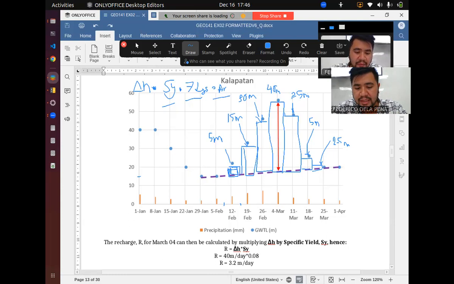You get 11.6 times your 7 days each times your 10 million square meter watershed. Okay. So you will get 800 million cubic meters of recharge for that period. Okay.